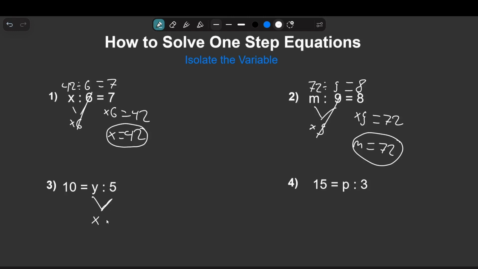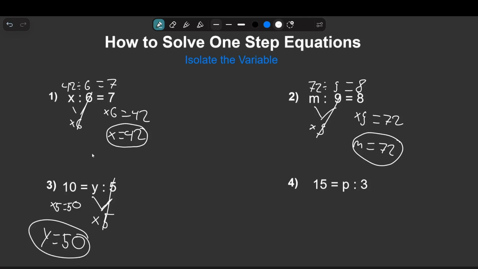So we are multiplying this whole problem by 5. This cancels each other out again, so we just keep the y. Now we are multiplying 10 times 5. 10 times 5 equals 50. So our variable should have a value of 50.